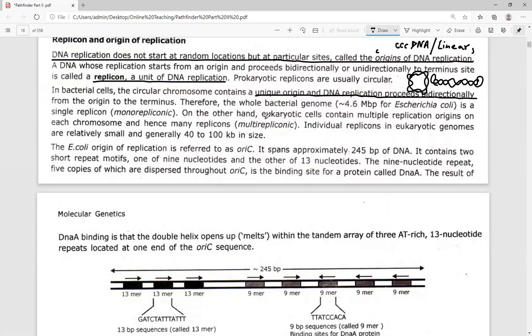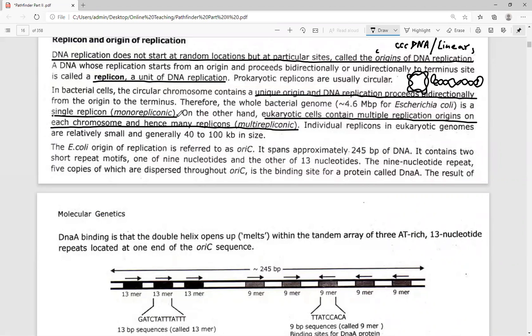Eukaryotes, on the other hand, have many origins of replication and are said to be multi-repliconic in nature. The whole bacterial genome is a single replicon, so in bacteria we talk about monorepliconic replication.